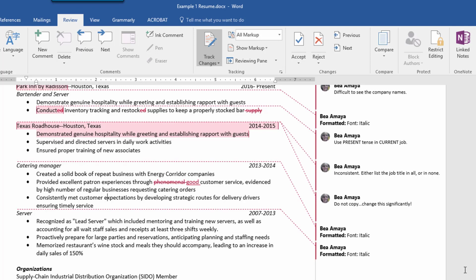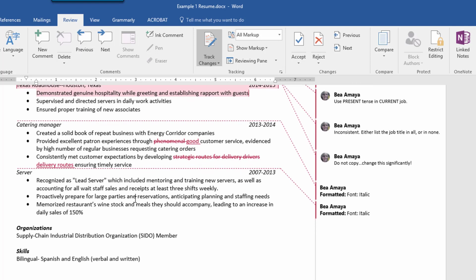Consistently met customer expectations by developing strategic routes for delivery drivers, ensuring timely service. Wow, that's awfully wordy. I'm going to say developing delivery routes. That's just too wordy.